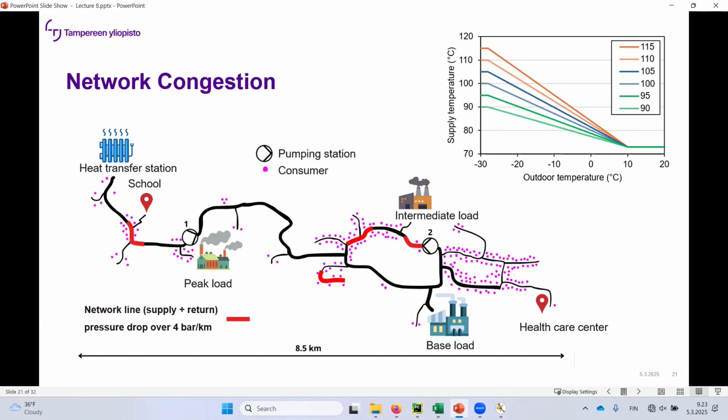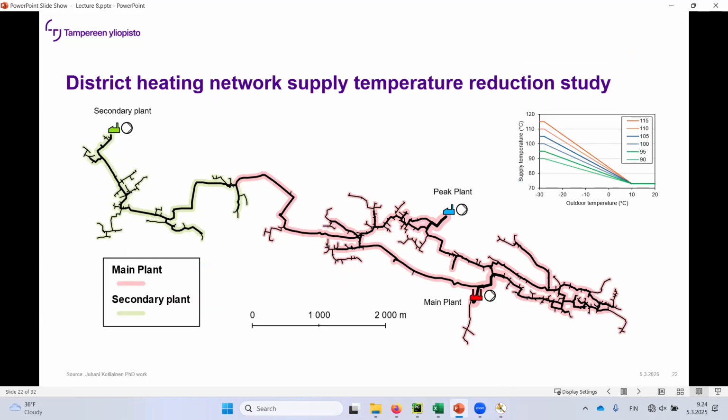So in this network, supply plus return pressure drop was over 4 bars per kilometer, and that was unacceptable in here. So you couldn't realize that even due to the network restrictions, and not even taking into account the substation changes that had to be made. So that can happen, this congestion can happen both in district heating networks and also in the electric network.